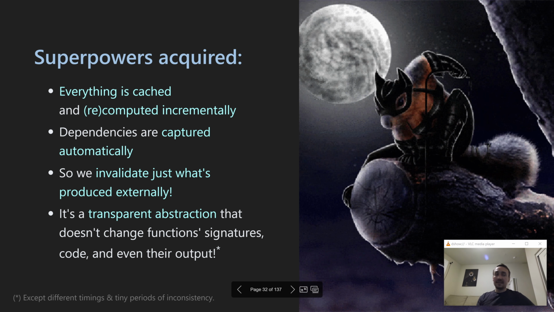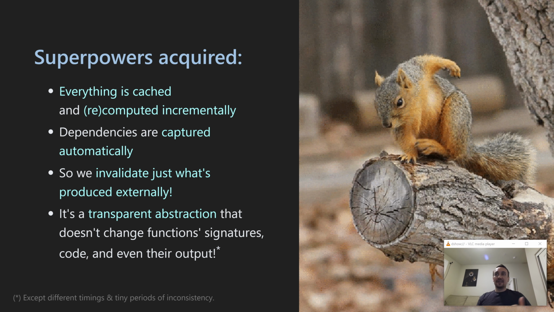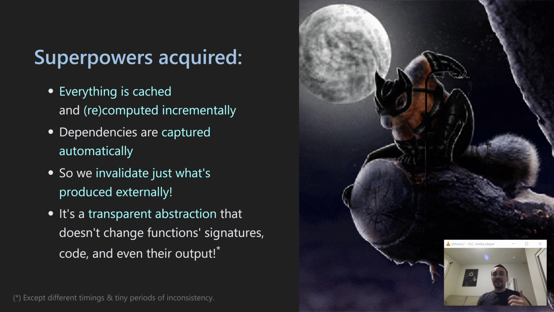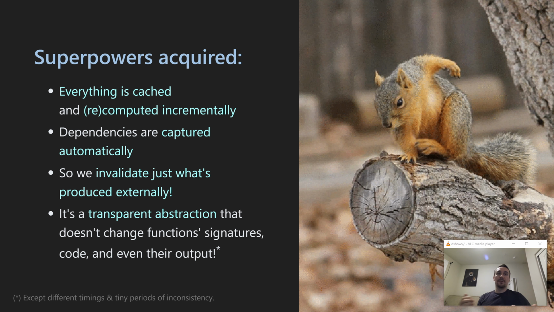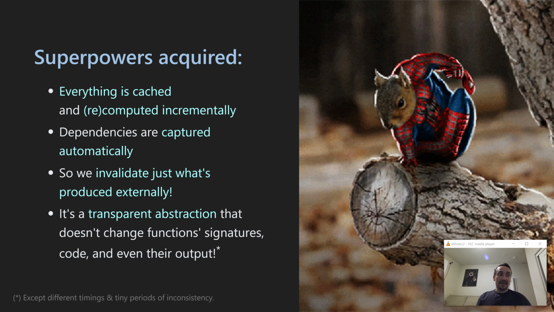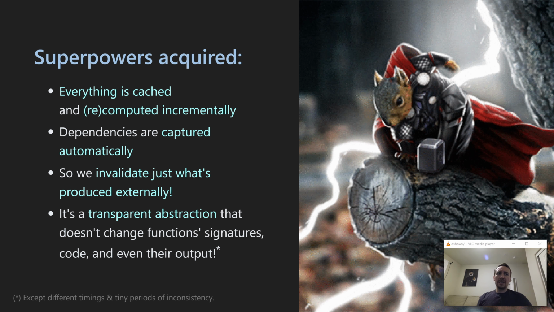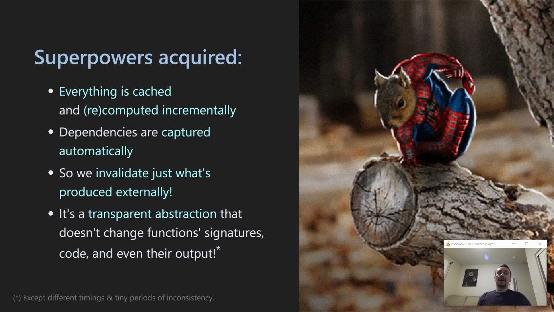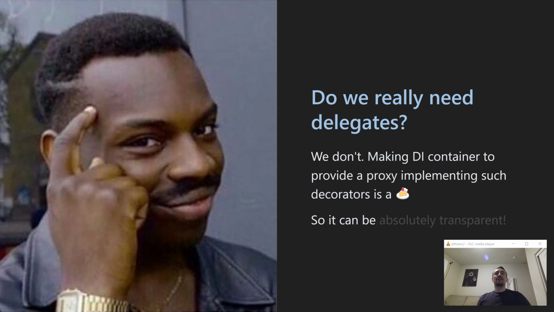And it's also a transparent abstraction. Transparent in the sense that we didn't have to make any changes to the signatures or even the code of these functions, and they work technically the same. The only difference is that they get this caching behavior, so they return the result instantly if it's not invalidated and available.